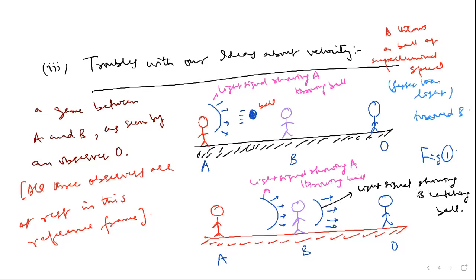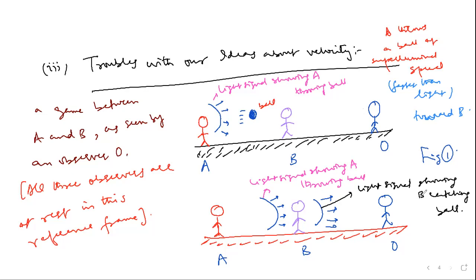Now what is the problem? Problem is the light signal carrying the wave of A throwing the ball travels to observer O, as does the light signal carrying the wave of B catching the ball, right? Both light signals travel at speed c. This signal travels at speed c.